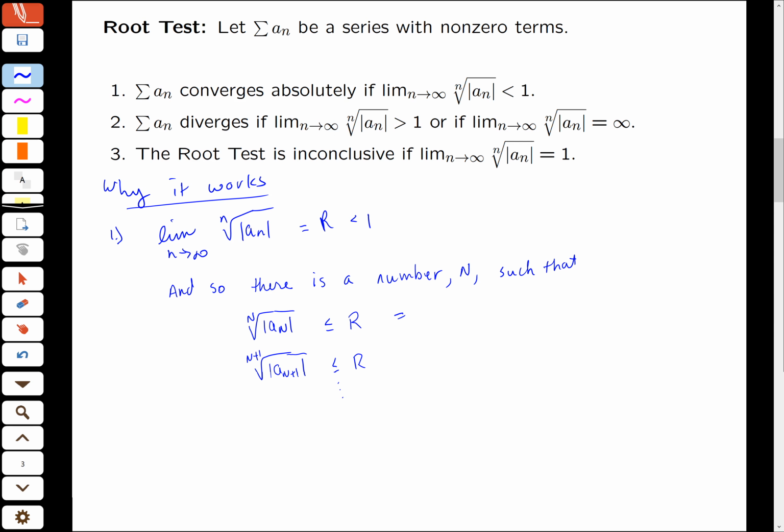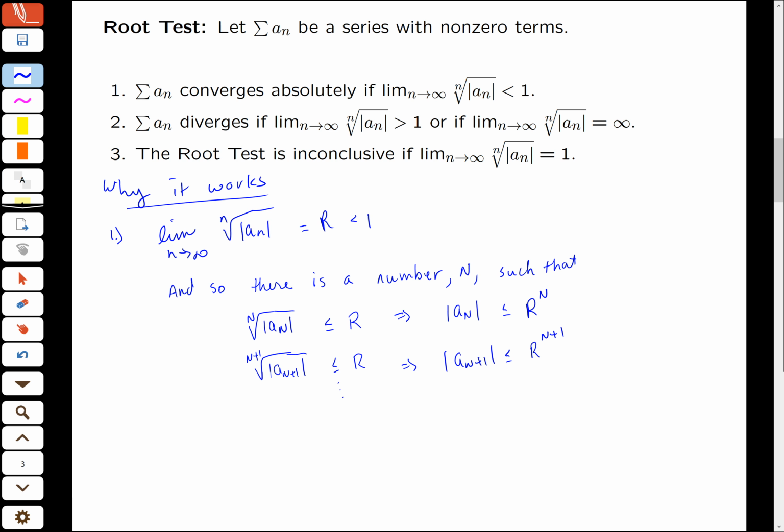Notice what this means. If I raise both sides to the nth power, then the absolute value of a_n is less than or equal to r to the n. Tell me about the absolute value of a_{n+1}. r to the n plus 1, and so forth.